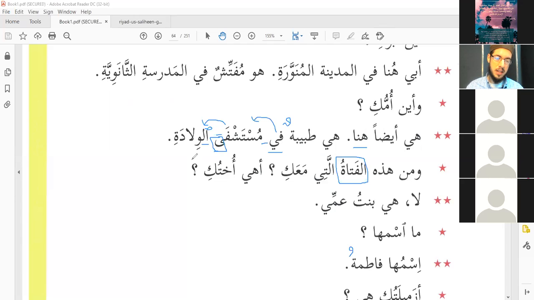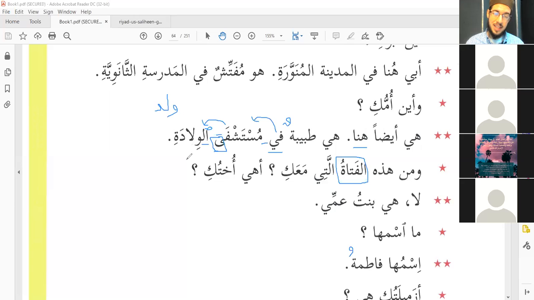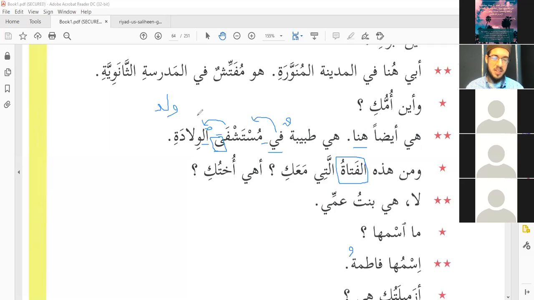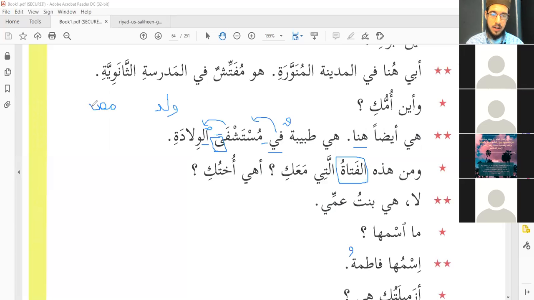Now you could say, wait a second. How is the hospital being possessed by al-wilada? First of all, what is al-wilada? Wilada comes from the 3-letter root walad, which we've learned before is child, right? The maternity hospital. Exactly, very good, excellent. So wilada is maternity, okay? This type of word is called a masdar. We will study it in more depth later.